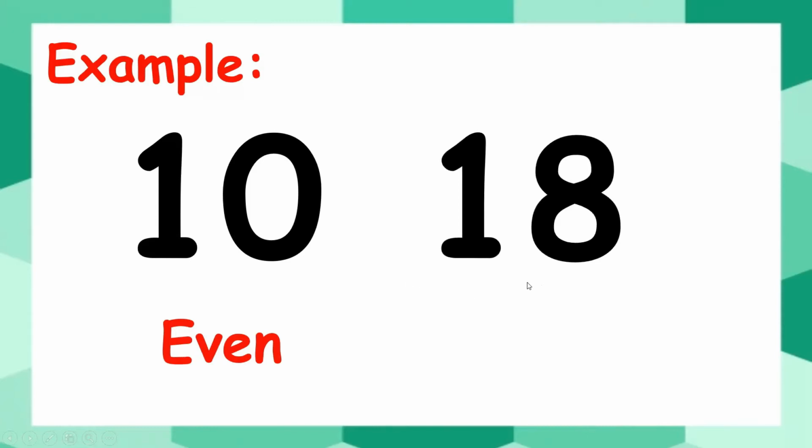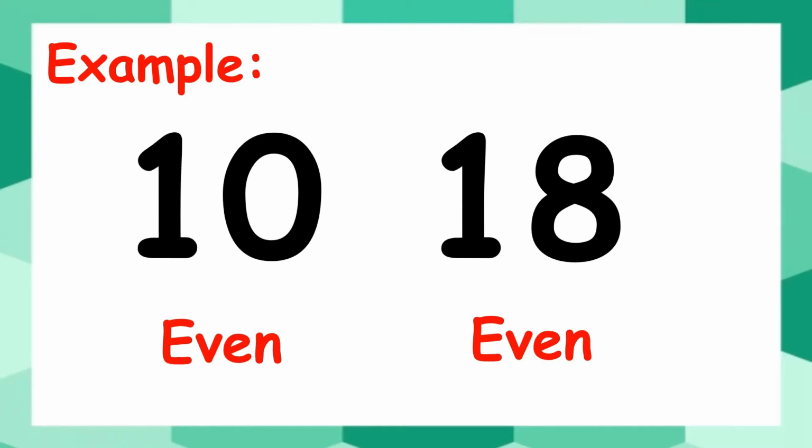Number 18 has 8 in the ones place, so this is an even number. So 2, 4, 6, 8, 10, 12, 14, 16, 18, 20, that is an example of even numbers. Do you understand what is an even number?